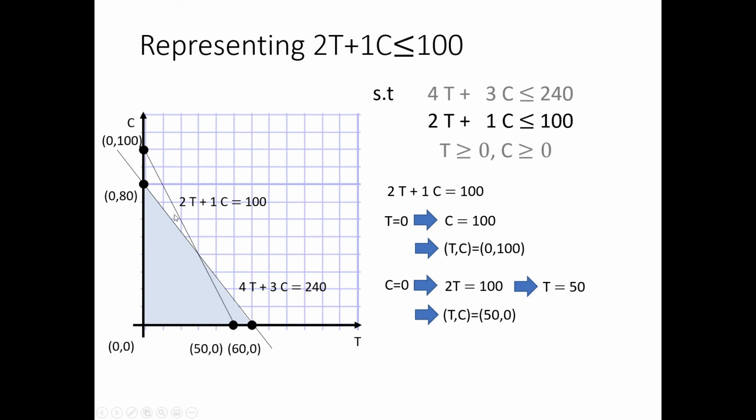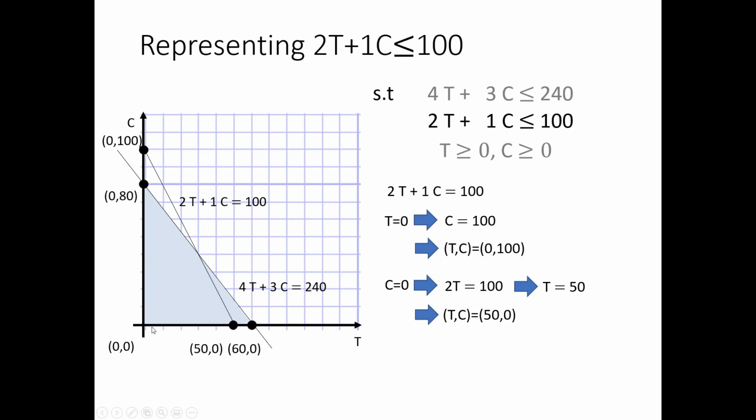Next, we need to identify which side of this line satisfies this less or equal to sign. So again, all we need to do is to check out this point, 0, 0, to see if it satisfies the inequality. So plugging 0, 0 to here, we got 2 times 0 plus 1 times 0, which is 0. So indeed, 0 is less or equal to 100.